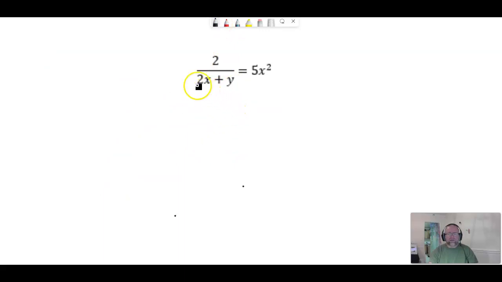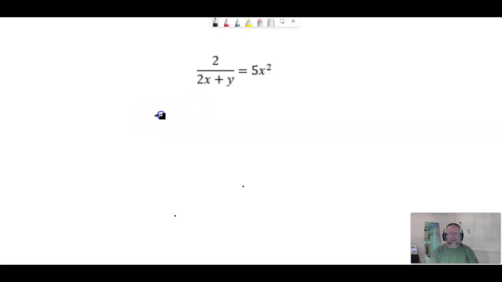For this term here, I could either use the quotient rule, or I could bring this up as a factor raised to the -1, and solve that using the chain rule. In this case, I'm going to use the chain rule. I think that will be a little quicker.